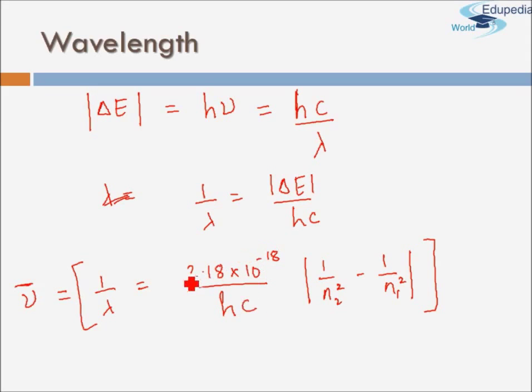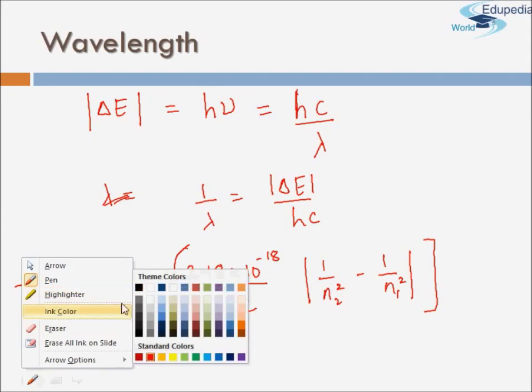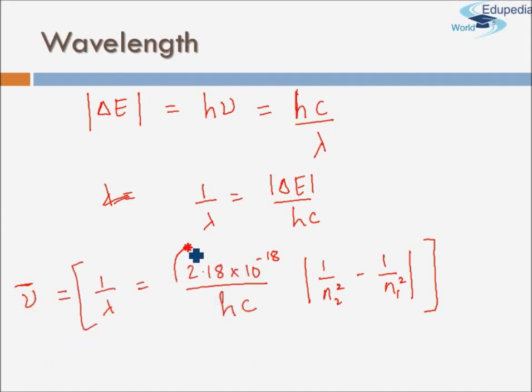Now this particular value over here is an important value. Why? Because all of the terms over here are constant. 2.18 into 10 to the power minus 18 is constant. C is velocity of light, and h is Planck's constant.